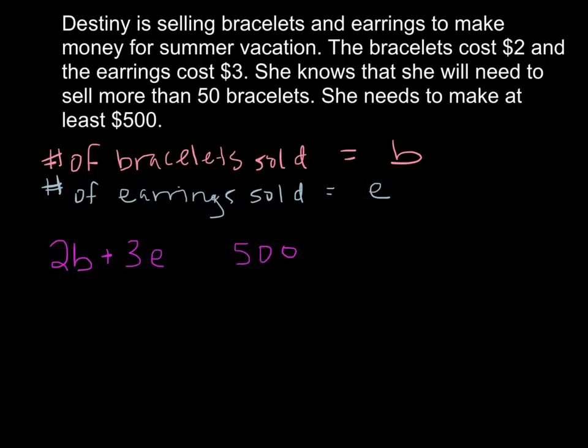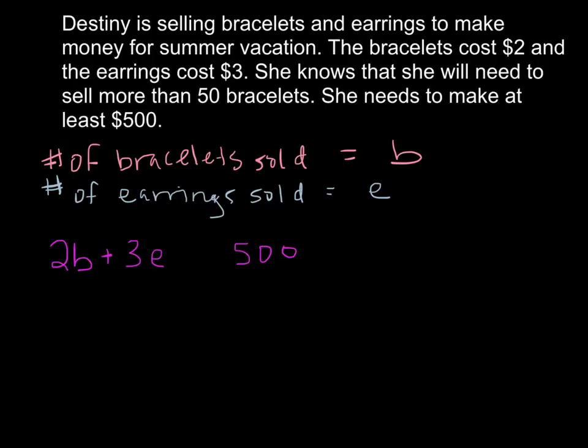So I want you to notice something that's different than the last video. We've got some trigger words. At least. At least is a really big trigger word, okay? Whenever you see at least, you know you're talking about an inequality. So at least, you can ask yourself, does that mean that she can make more than $500 or less than $500?